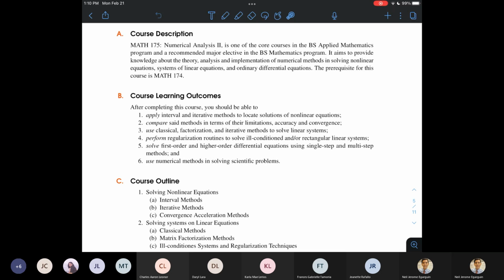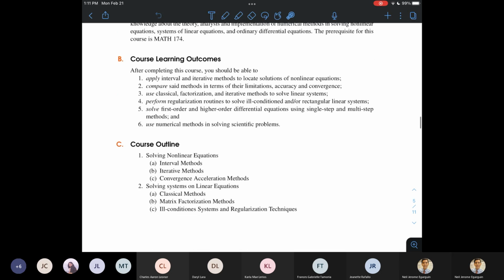So we'll look at some numerical techniques on how to solve these ordinary differential equations in Math 175. Okay? So yun, three big areas of solving equations, three classes of equations: nonlinear equations, system of linear equations, and ordinary differential equations. Okay?